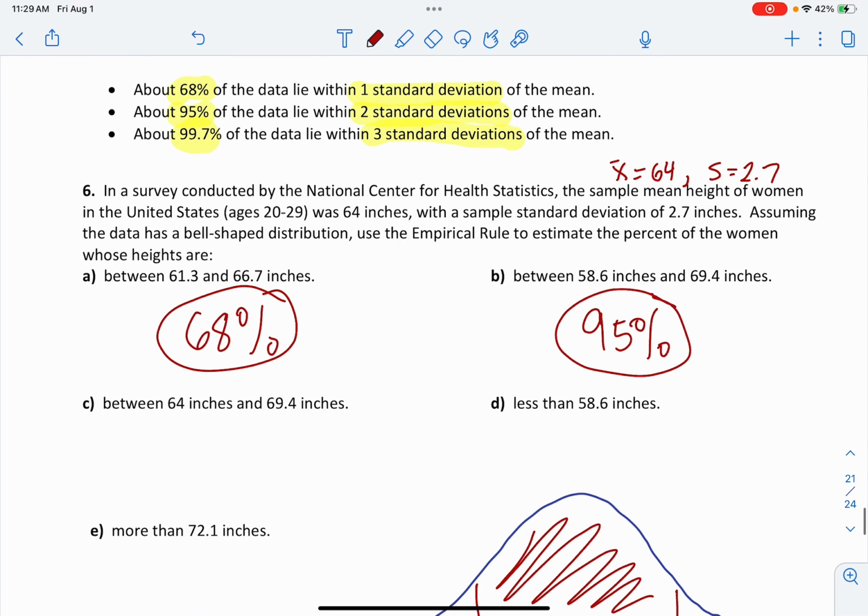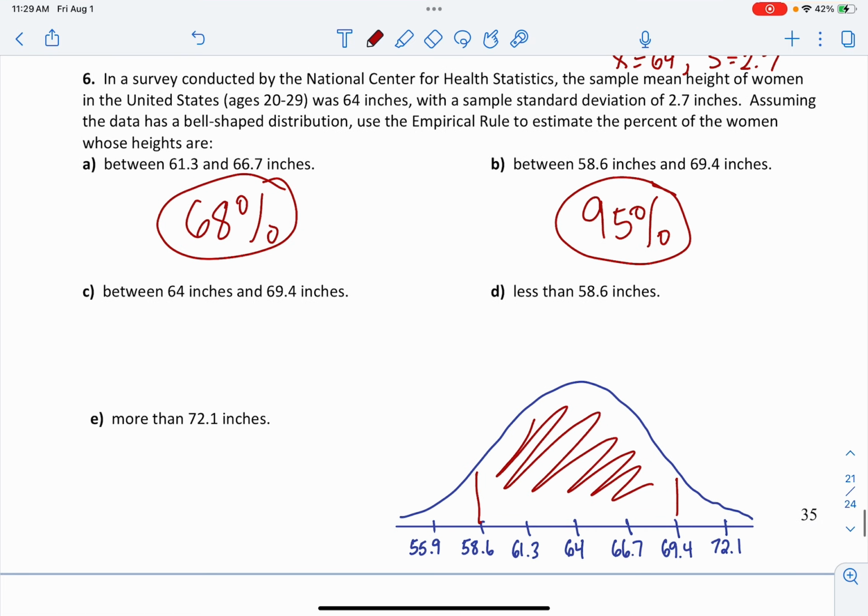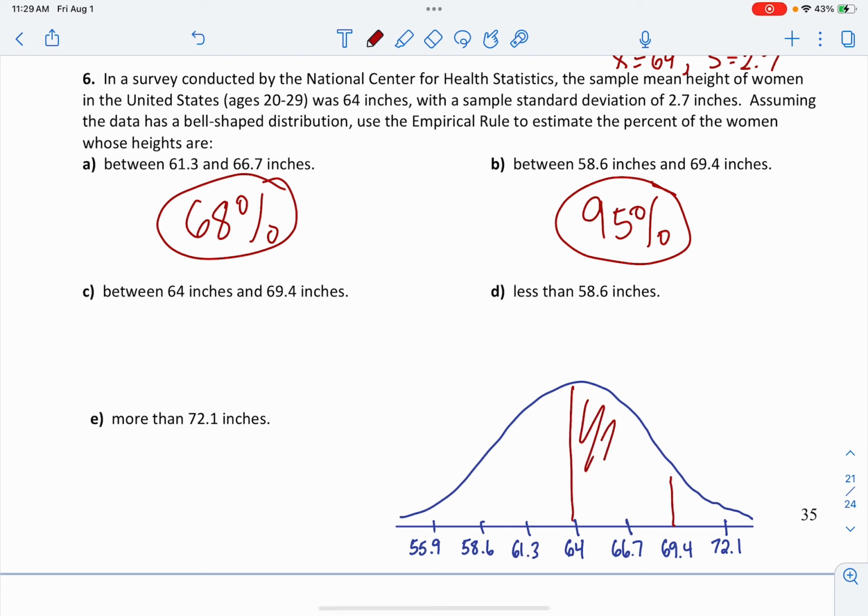How about between 64 and 69.4? Let's try that. So 69.4 is here, and 64 is here. So we're talking about this segment. If you're talking about the slivers, there are these 2 sections like that.